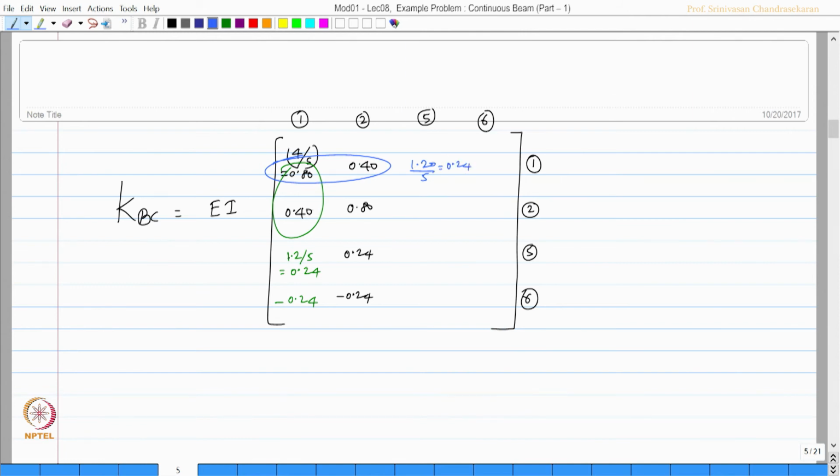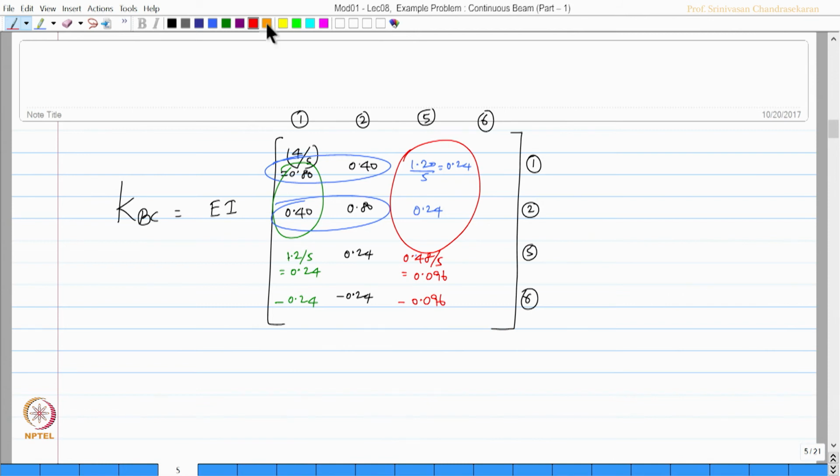This is again the sum of these two, which is again 0.24, and this value will be the sum of these two by L, which is 0.48 by 5, which is 0.096, and this is minus 0.096.